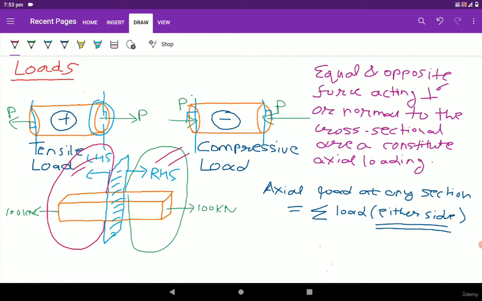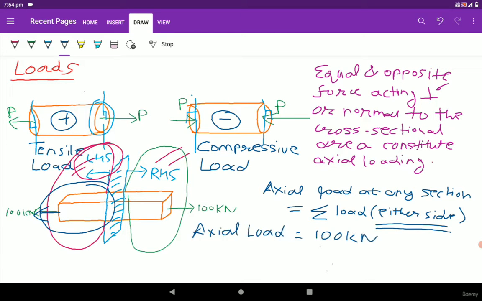So you can see at the left hand side part, only 100 kilonewton load is subjected. So the axial load at this cross section is equal to 100 kilonewton, because only 100 kilonewton force is present on left hand side.